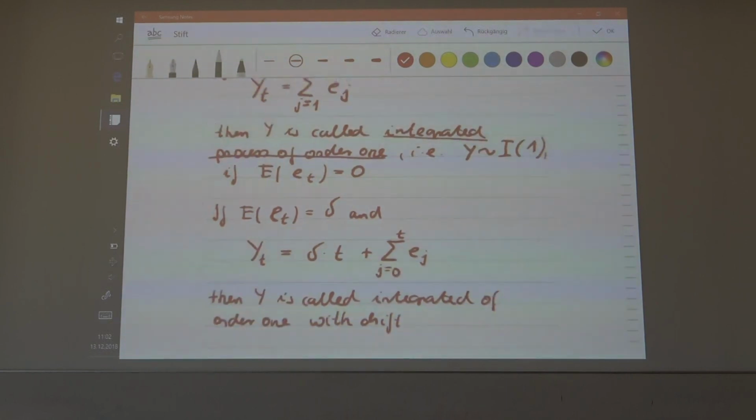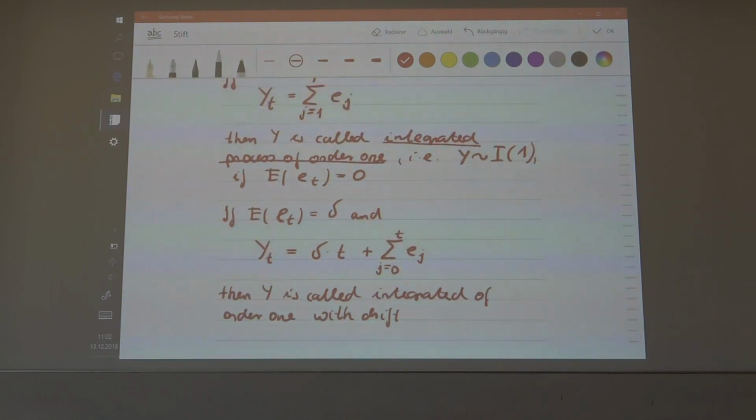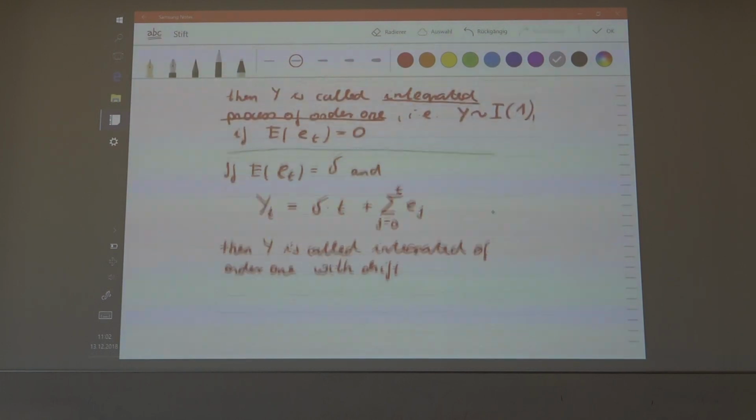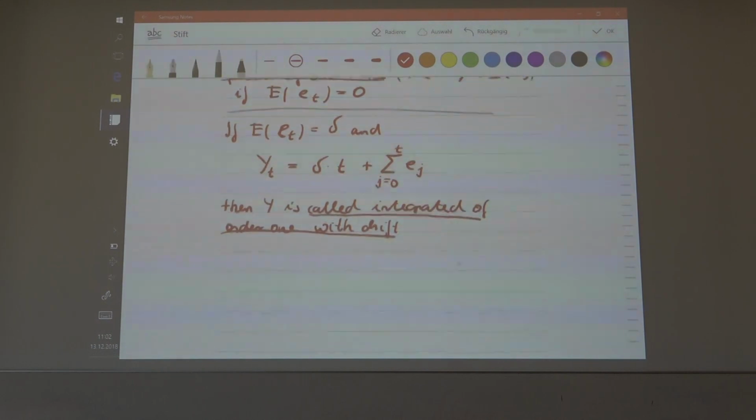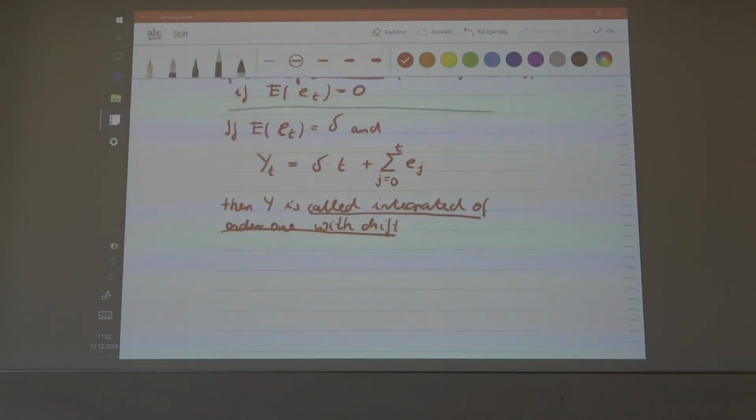What is the second part of if expectation of e_t is 0? Okay, so in this case, let me just give you an example to illustrate that, so-called integrated of order 1 with drift. The definition becomes clear from the example.